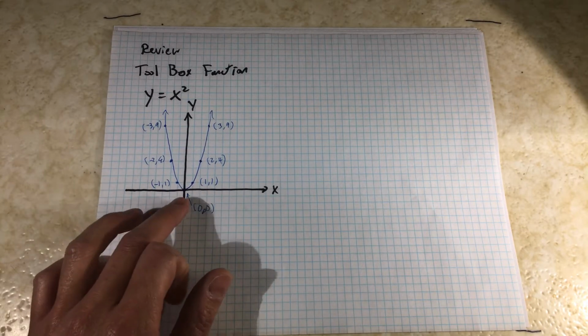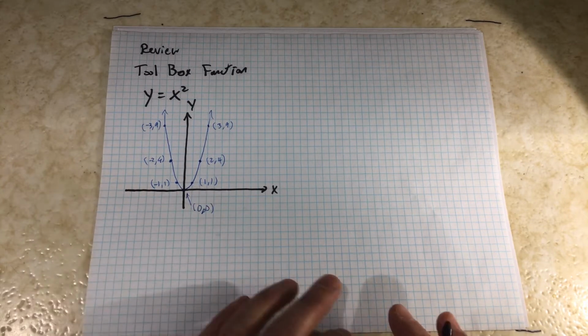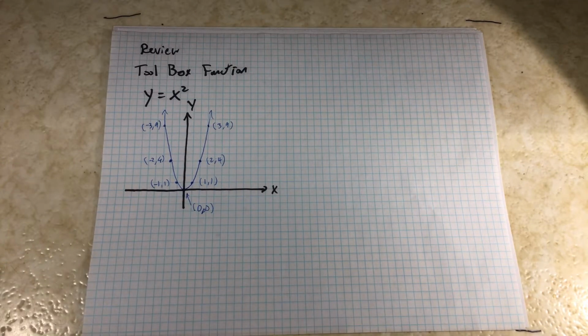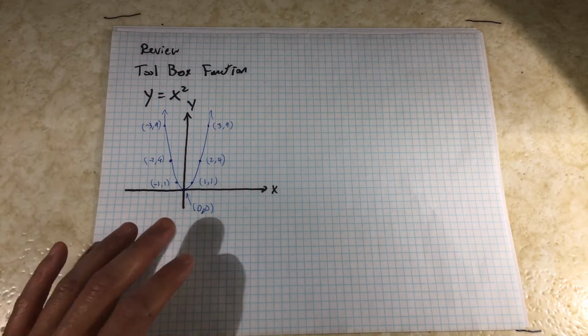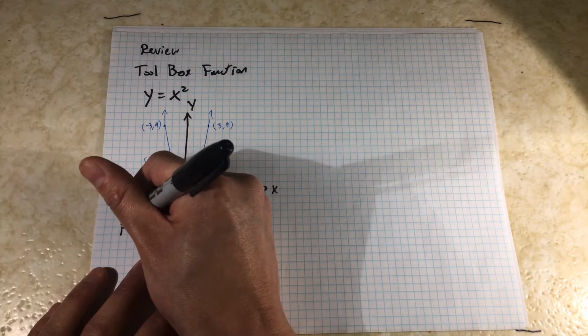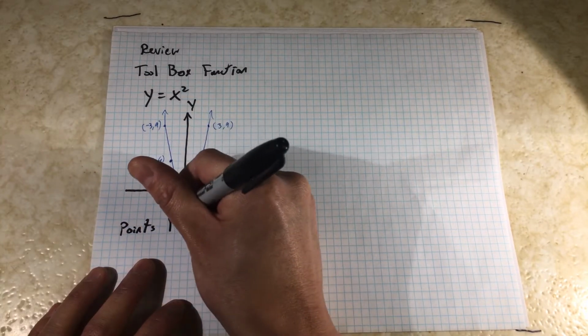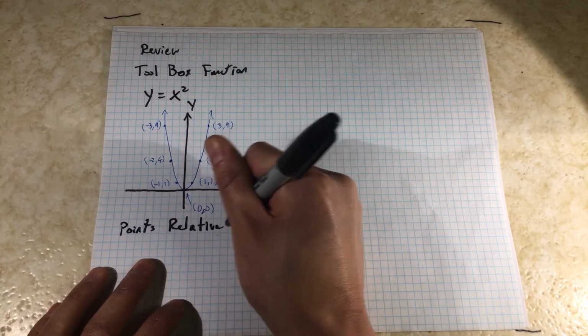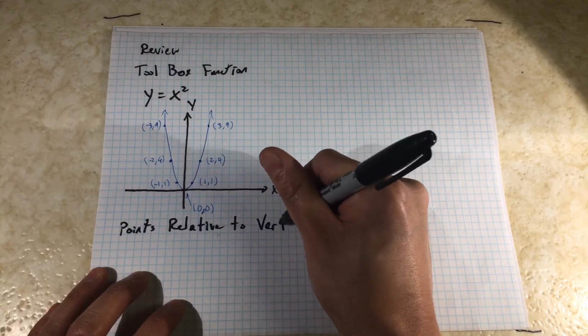So one way of constructing this, which is something we're going to talk about today, is graphing these points relative to the vertex.